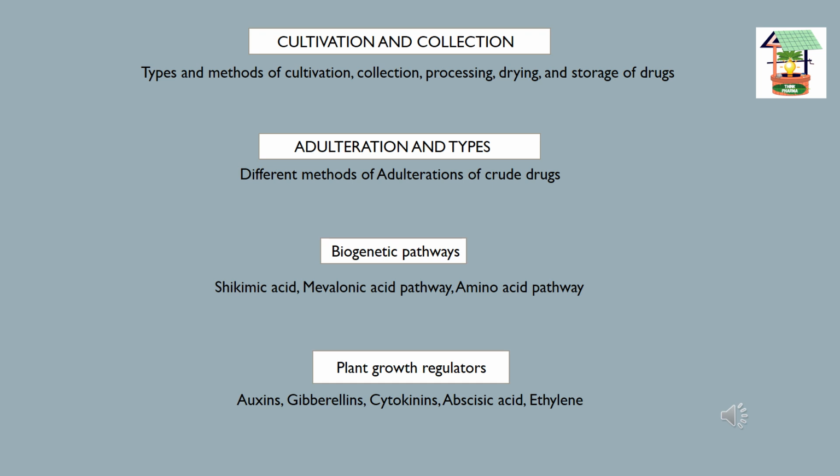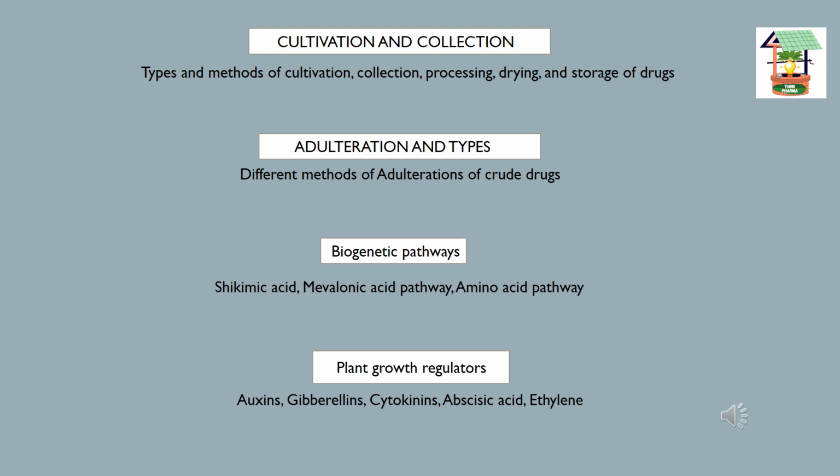For these natural products, these phytoconstituents or chemical constituents, there is a particular step to be followed for everything. And then coming to adulteration and types, different types of adulterations are there. It may be done intentionally or unintentionally. We will cover the different types, and what they are adulterating the natural phytoconstituents with, in this adulteration topic.